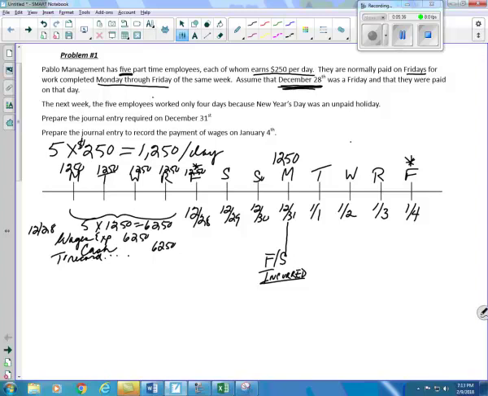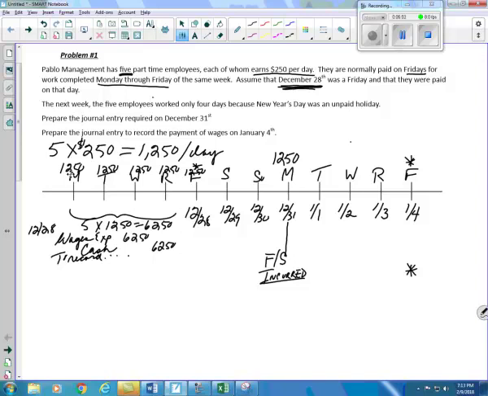Our expense recognition principle says that expenses are recognized when they're incurred. Well, this is incurred because our 5 employees worked on that day, but they are not going to get paid on 12/31. They're not going to get paid until payday, Friday, January 4th.